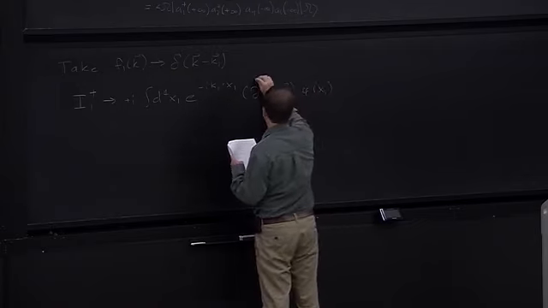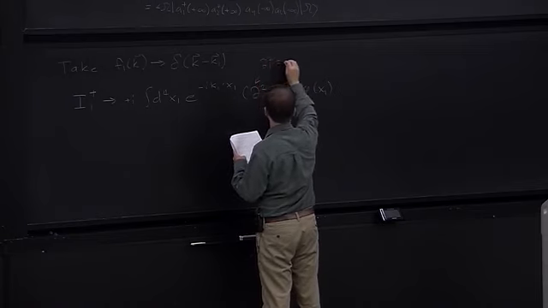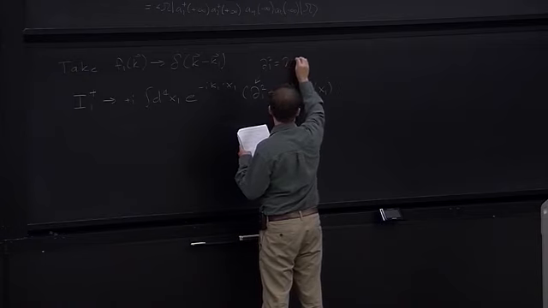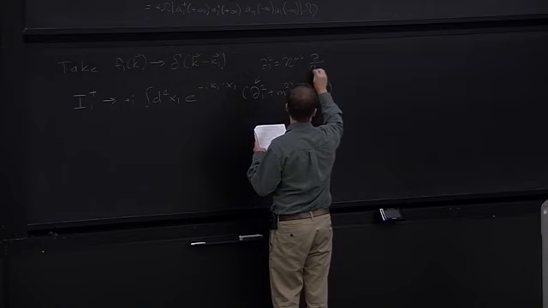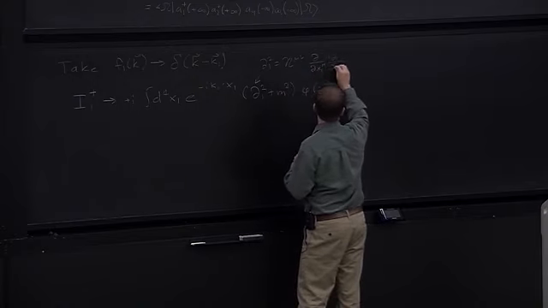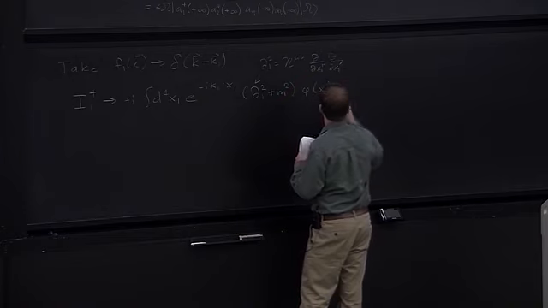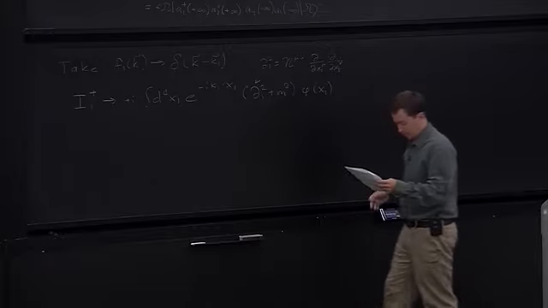And here, what I mean by d1 squared is eta mu nu d by dx1 mu d by dx1 nu. It's just a shorthand notation.